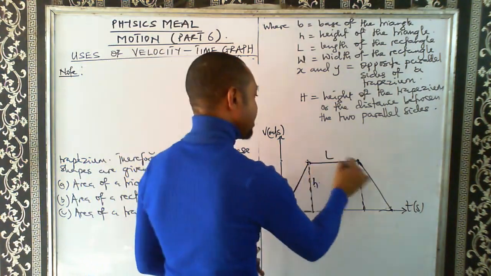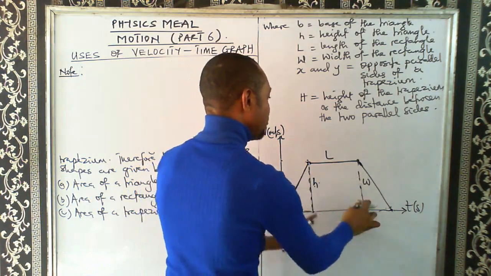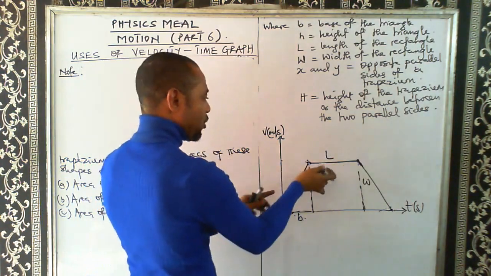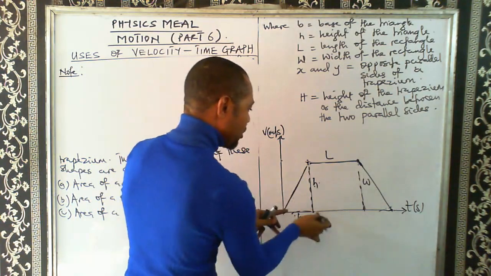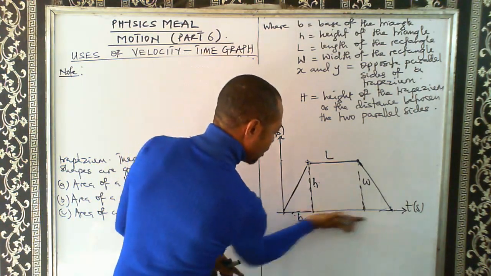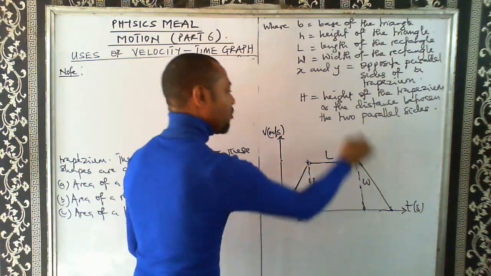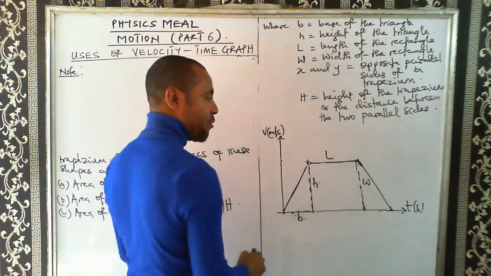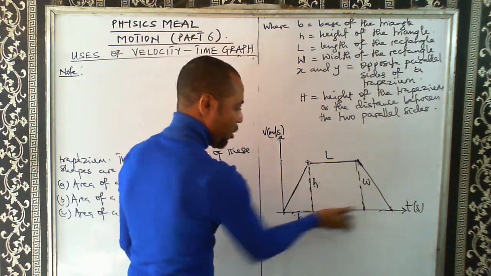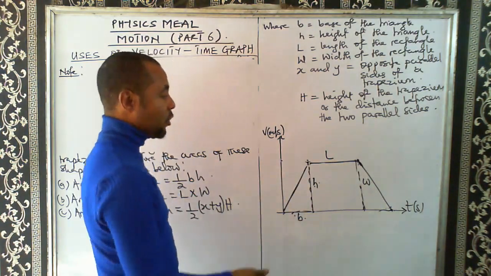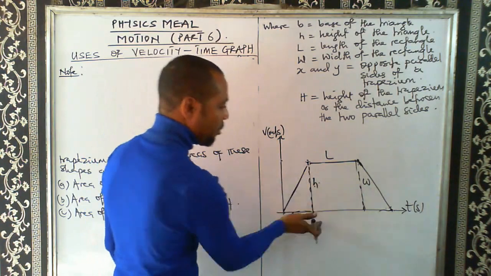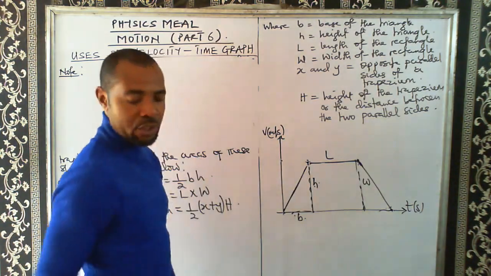Now if you say length times width, you see that this length is horizontal, so it represents time also. This width is vertical, obtained from the vertical axis, so the length represents time and the width is the velocity.